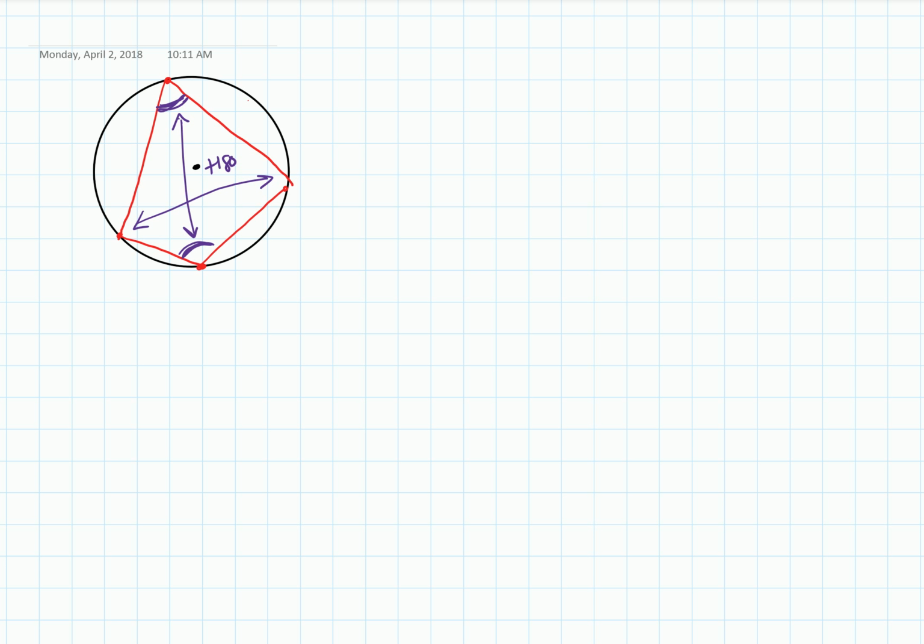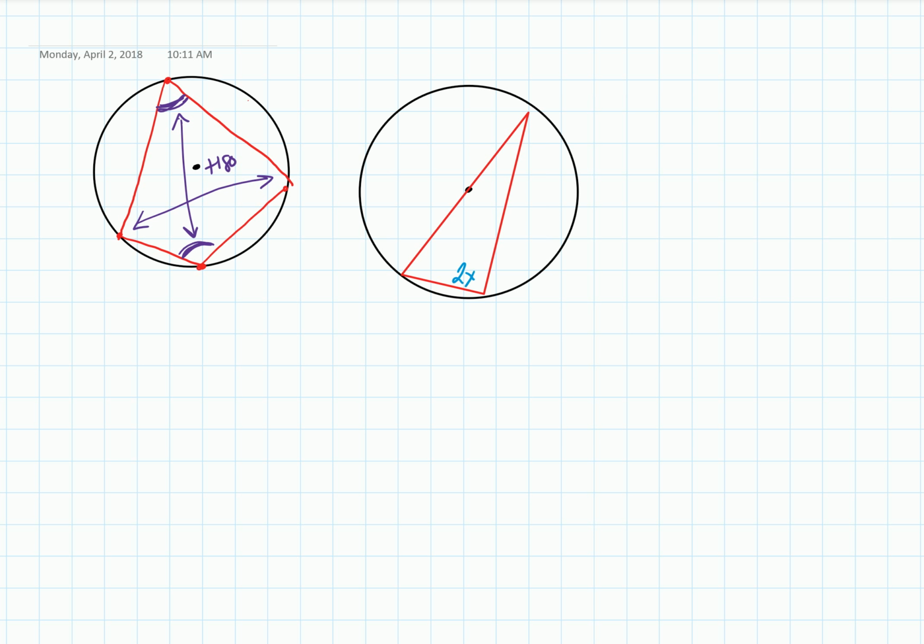So, given these two facts, let's see if we can solve a couple of problems. So my first problem, I want you guys to put this in your notes. Here's my circle, and I'm going to draw the following figure. We're going to have a triangle where one side goes through the center, just like this. They're going to tell us that this angle right here is 2x, and they want us to solve for x.